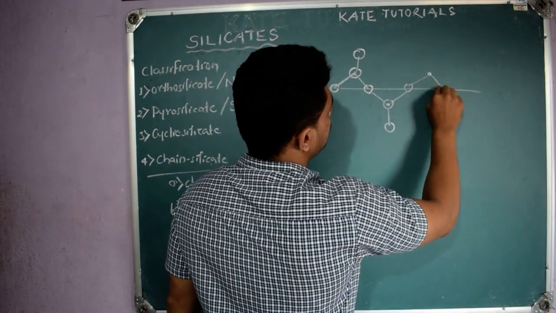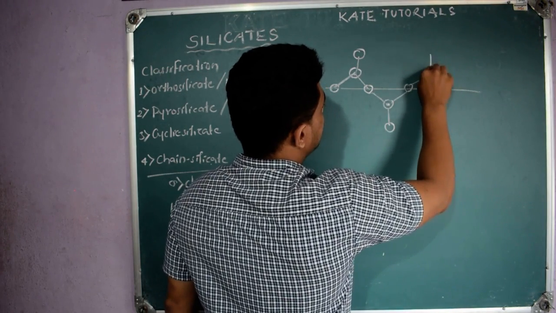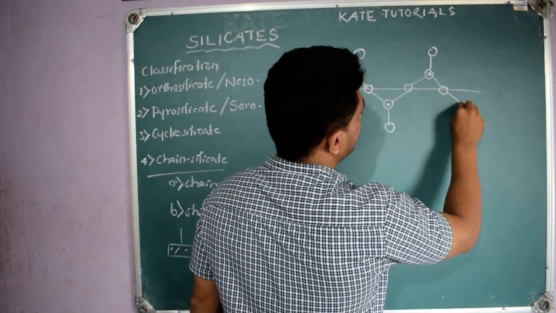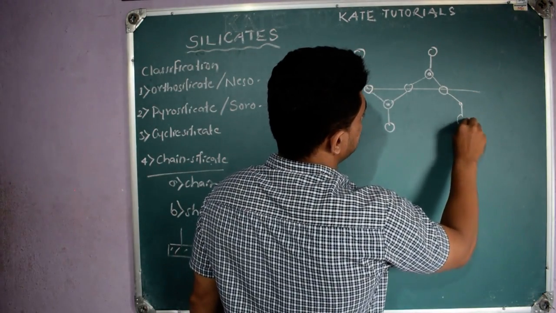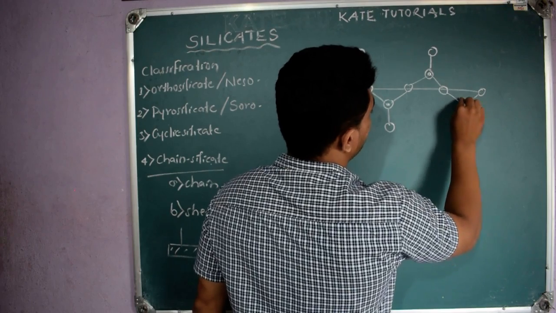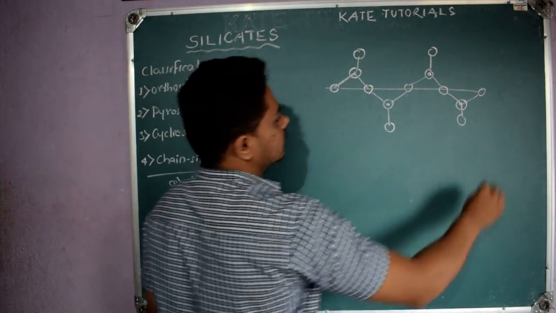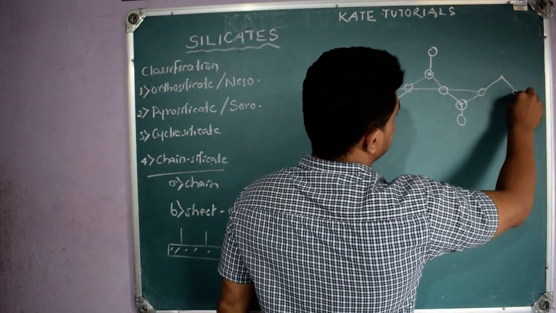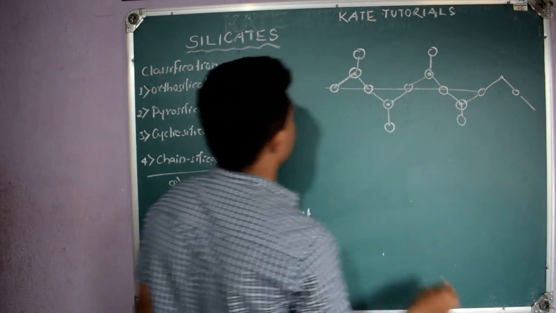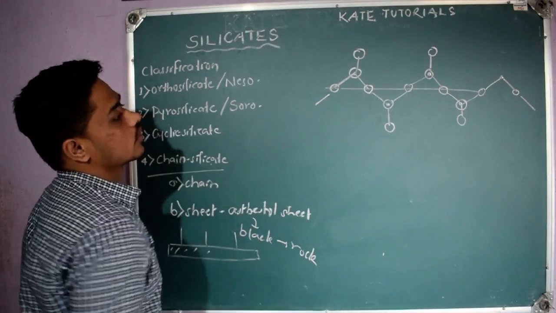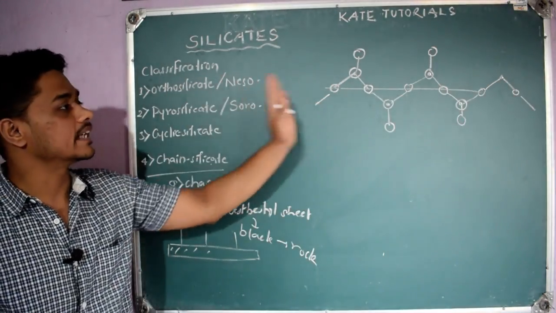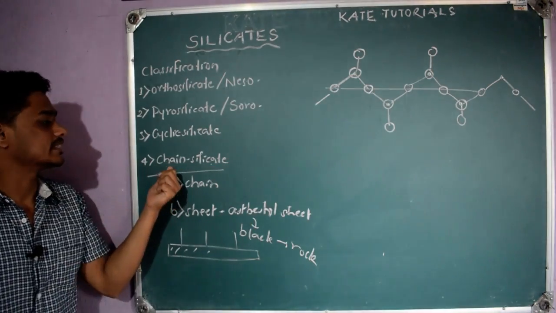And here I will have oxygen, above one oxygen, and this oxygen is again shared by one more silicon. Like this it will keep on going, and it is continued. So like this you will get a straight chain. Such kind of silicates we call chain silicates.